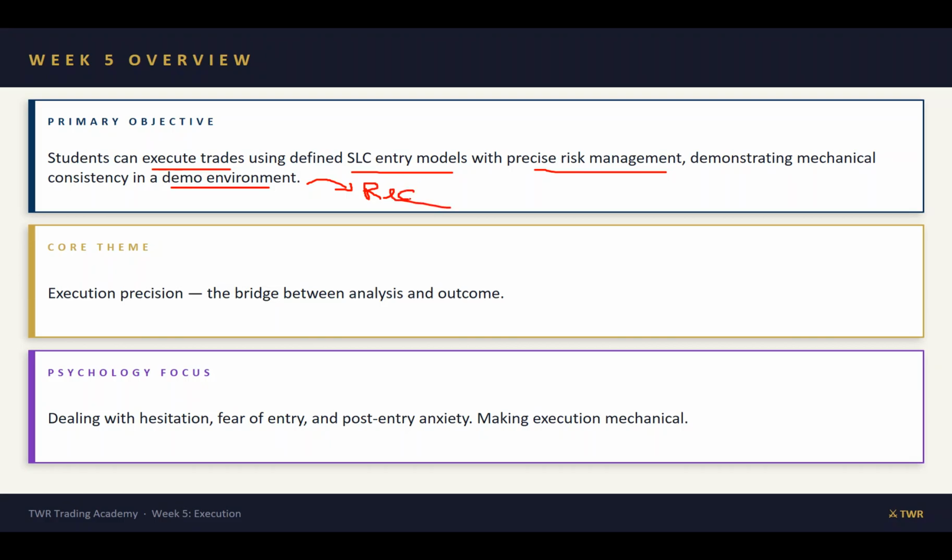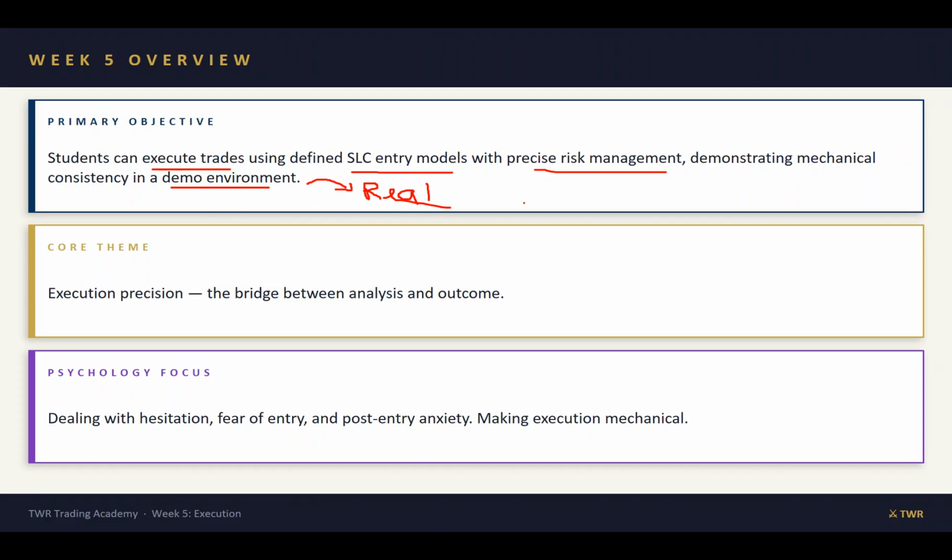In the real environment, this is where you chew the meat, crush the bones, and deal with the emotions. But at this point, you have to have first built a consistent and mechanical risk management.